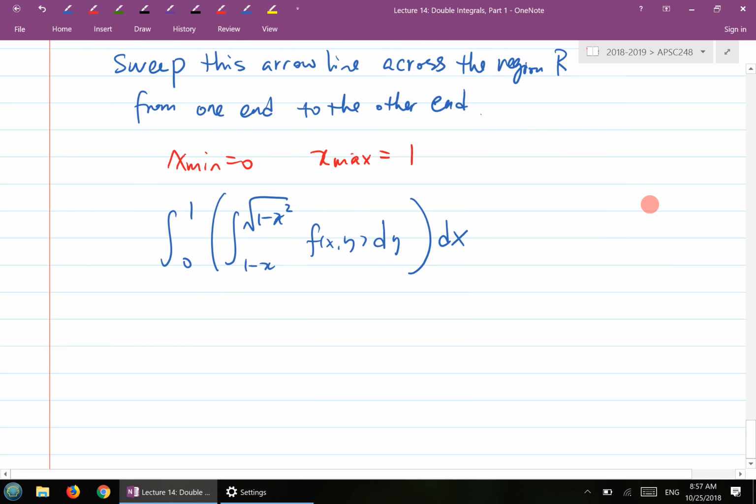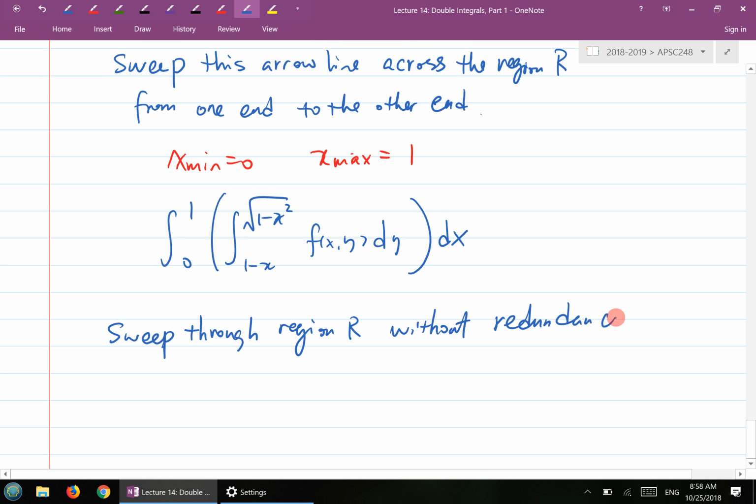So you're not over-sweeping it, you're not covering the same area twice. And that's basically integration: uniquely sweeping through this region R.